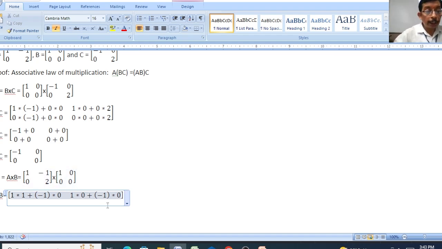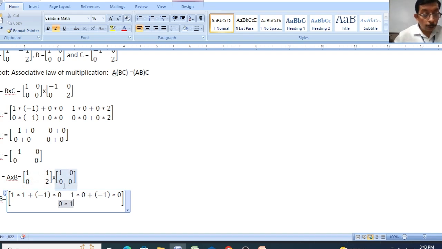Now we come to the second row. Second row multiply by the first column, then we receive the second row first column element of the matrix A cross B. Then 0 is multiplied by 1, 2 is multiplied by 0, plus 2 multiplied by 0. Second row first column multiplication is complete.